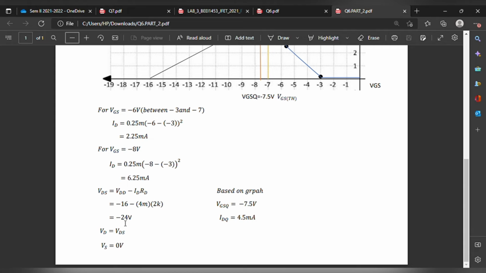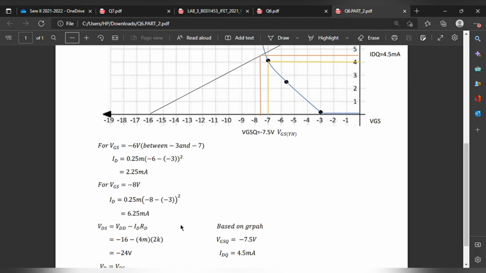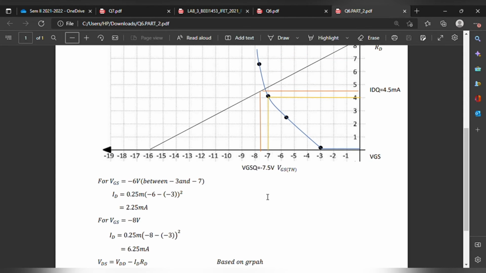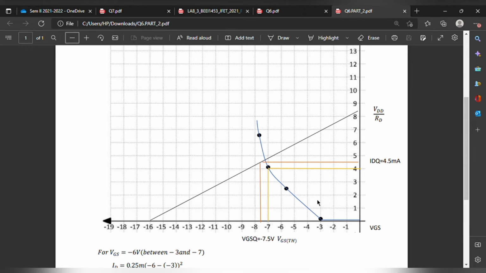So it's equal to negative 24 volt. Next, the VD is equal to VDS and the VS is equal to 0. So based on the graph, VGSQ is equal to negative 7.5 volt and IDQ is equal to 4.5 milli.